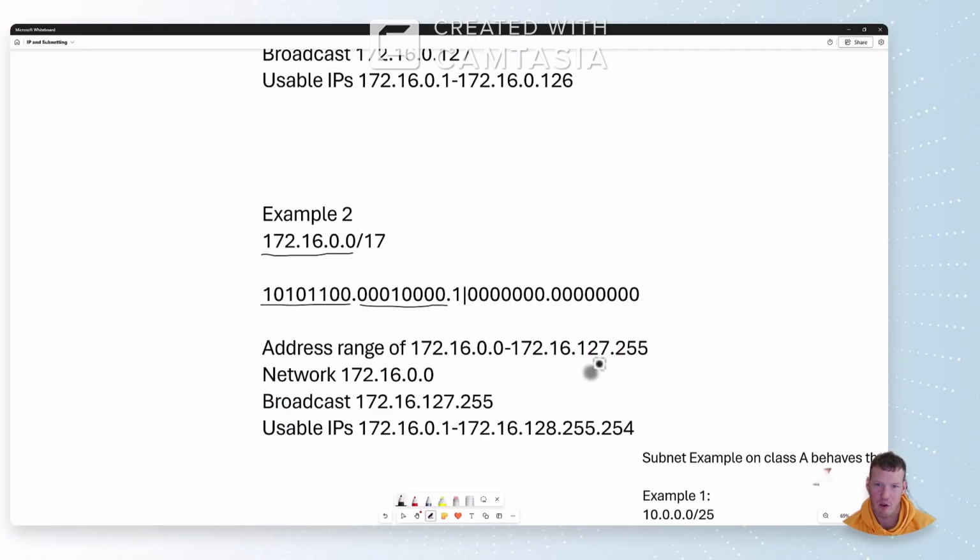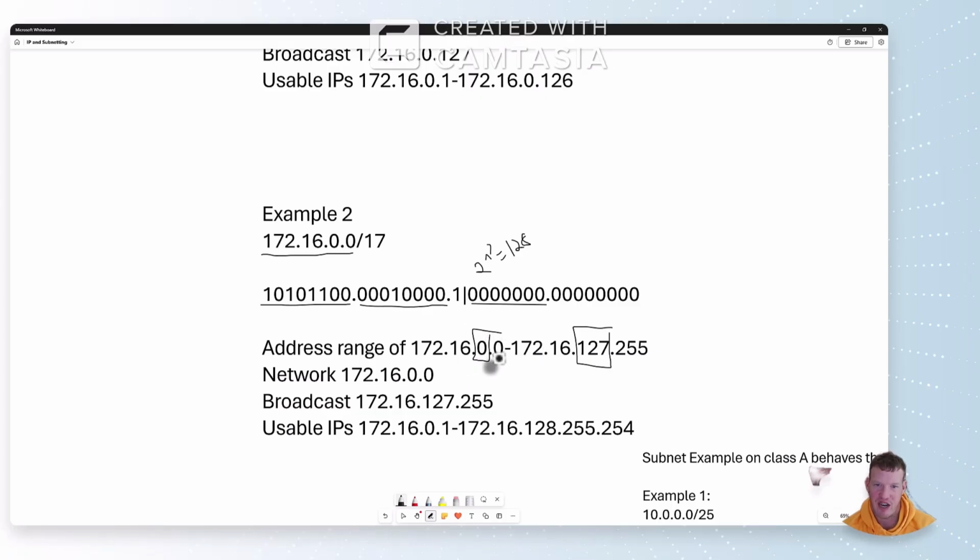How do we get this 127.255? Same thing that we did before. We counted the numbers remaining 1, 2, 3, 4, 5, 6, 7. And we did 2 to the power of 7, which equals 128. That's how many are available in the octet that we're looking at, which is the third, which is why we changed the third here to be from 0 to 127.